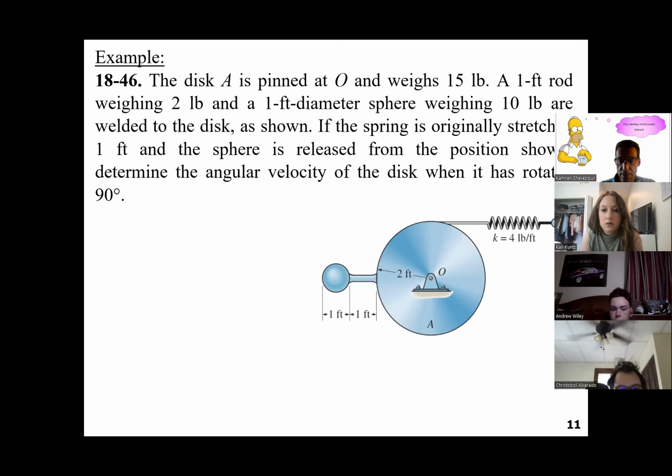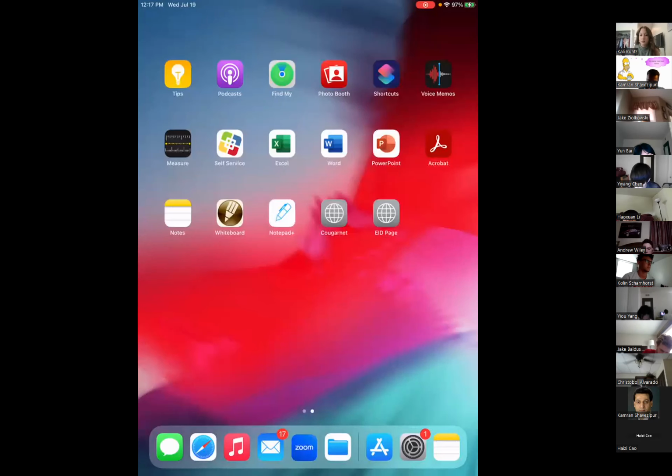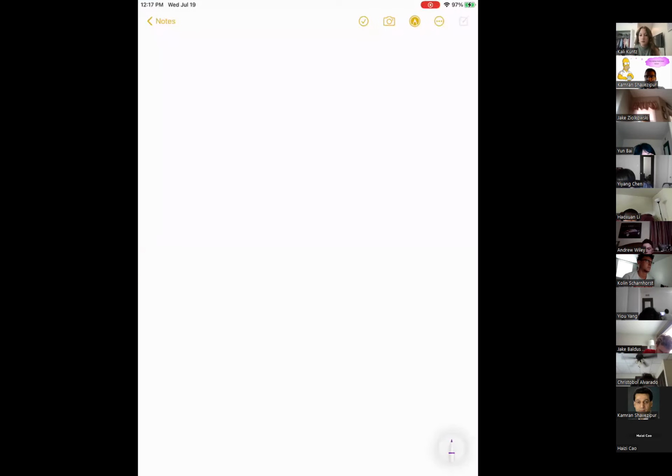So let's go to the tablet. This is your disk. This is your rod. And this is your sphere.